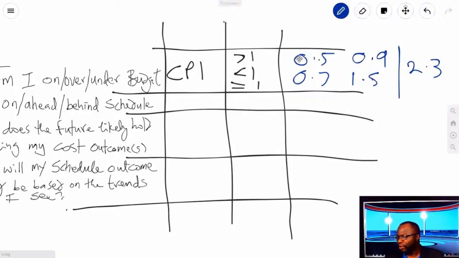So I can tell you all of the stuff I'm telling you here is used in the real world in a pragmatic sense. If you have a 2.3, you got big problems. Big problems. It means that you're spending $1 and getting $2.30 out of every dollar. How is that possible? Management is going to push you back and say, hey, there's a problem.